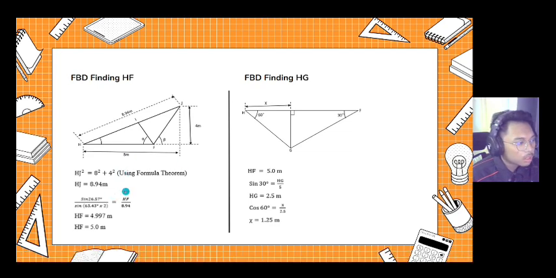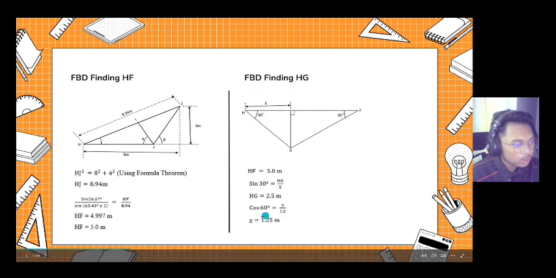So after we got the HF, we want to find the HG. HF equal to 5.0 meter. We use sin 30, and then HG per 5, equal to 2.5 meter. So we got 2.5. Then we want to know x.